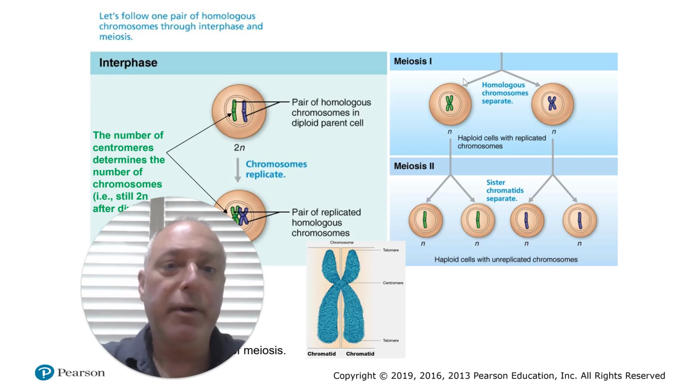The first part of meiosis is segregation of the homologous chromosomes, the ones that you got from mom and dad, which are randomly segregated. Then in the second part of meiosis, these sister chromatids are separated, and you get your haploid gametes.